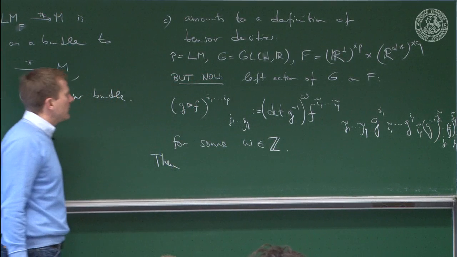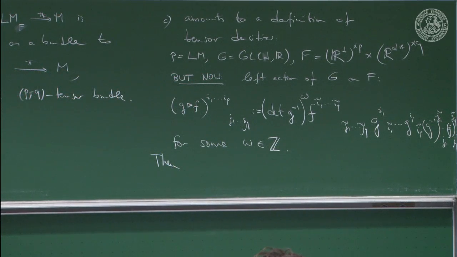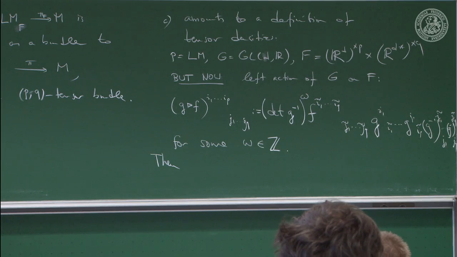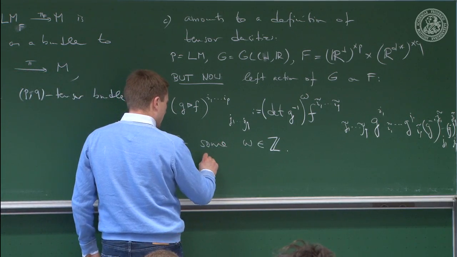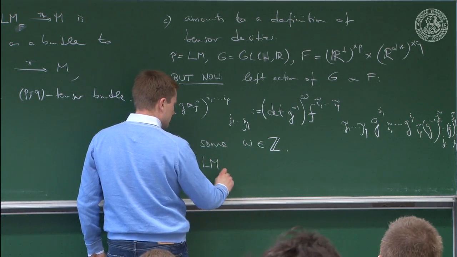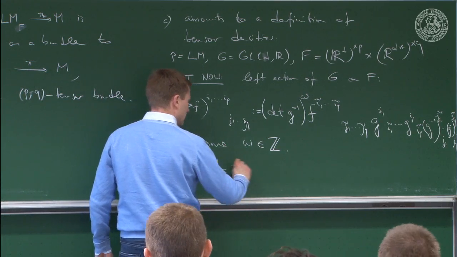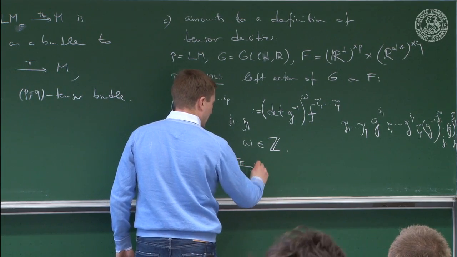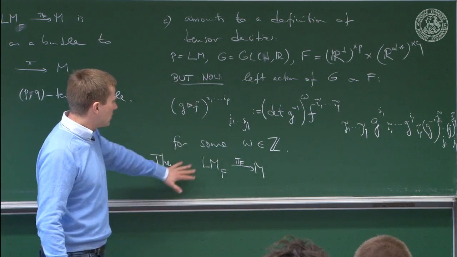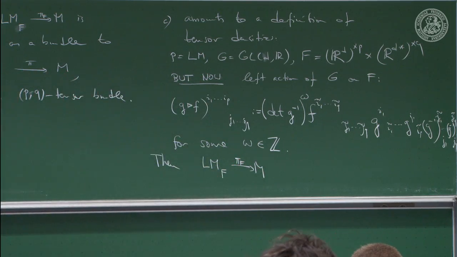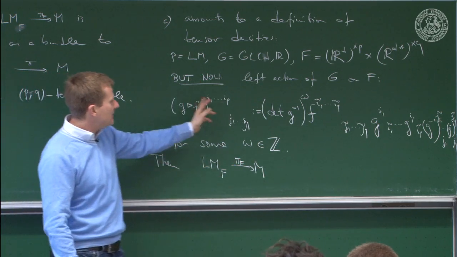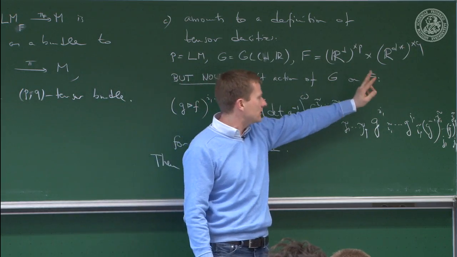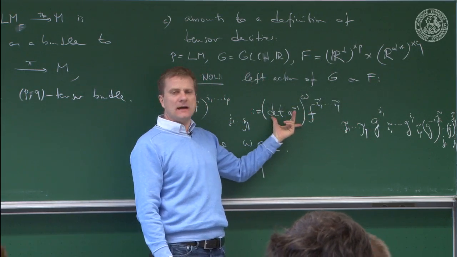Now we cannot claim that this is isomorphic to some bundle we already know, because we don't know that bundle yet. So we have to call this LM sub this F, pi F down to M, which is only distinguished from this bundle here, from this LMF pi F down to M, by the fact that the left action of the same group on the same fiber now picks up such a factor.